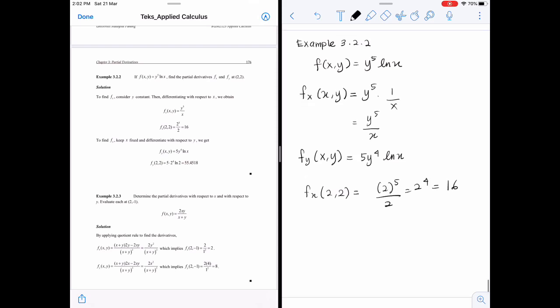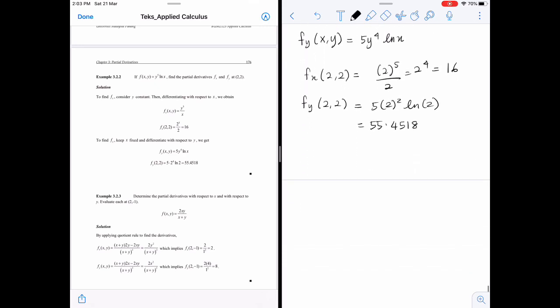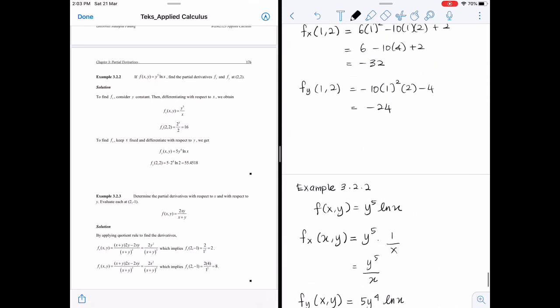Okay, same goes for the partial derivative with respect to y at point (2, 2). We just need to substitute the value of y equal to 2 here and also x equal to 2. So we will have 55.54518. So this is how to find a partial derivative with respect to x and with respect to y at some given point.